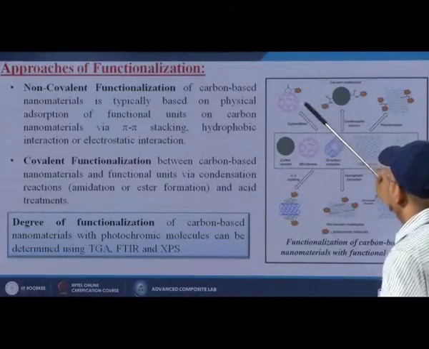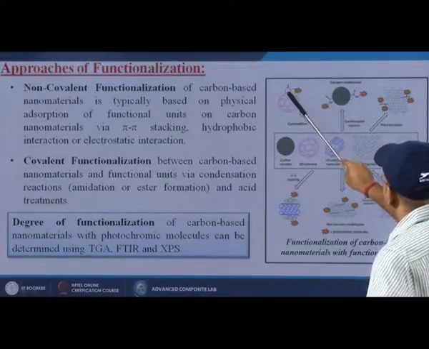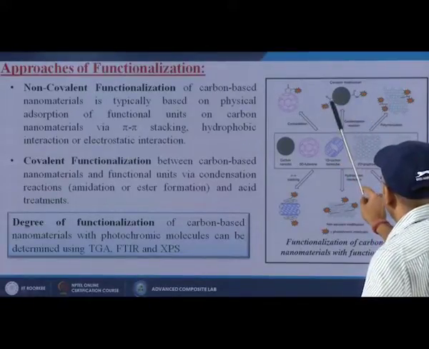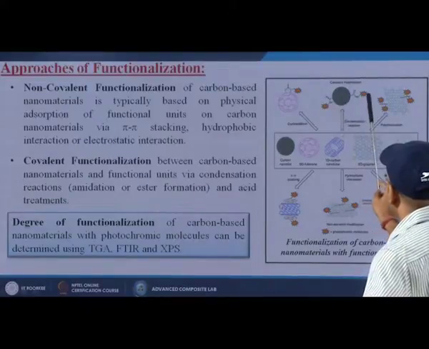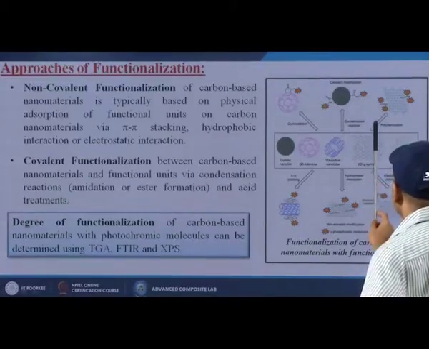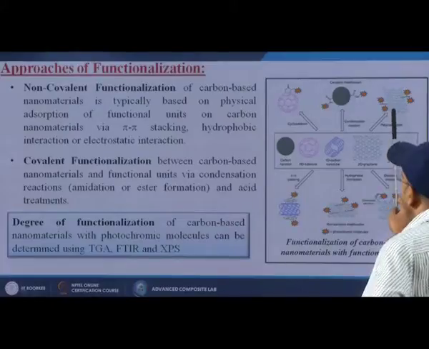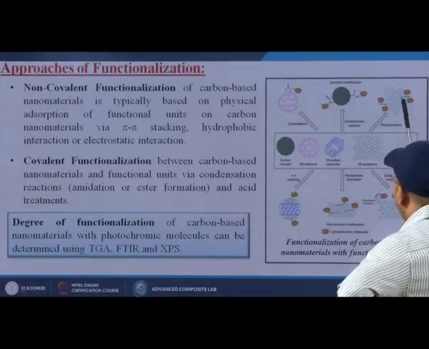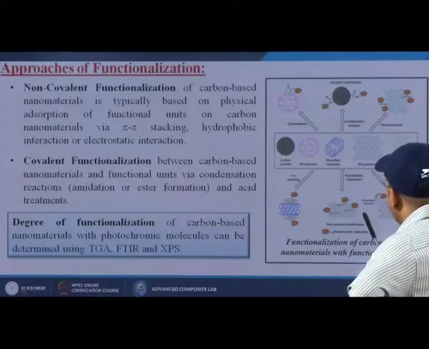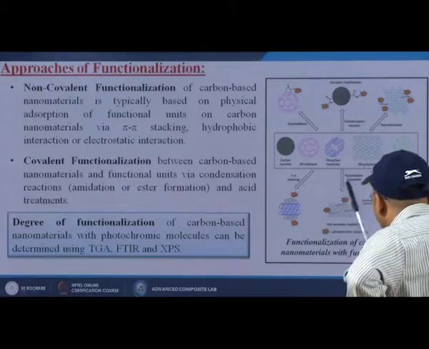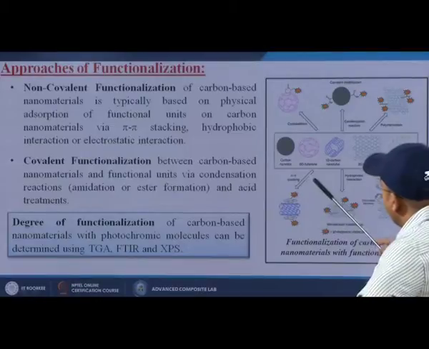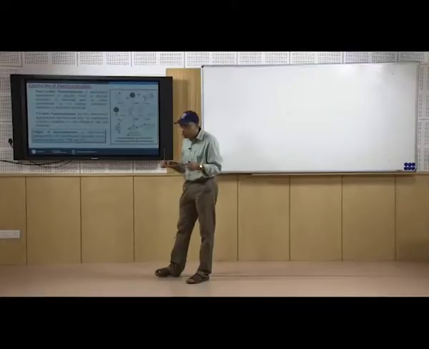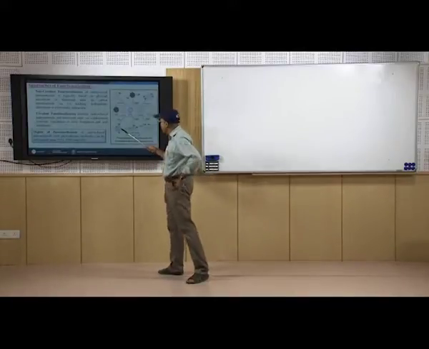Then by cycloadditions we can do the modifications, which is known as covalent modification, and by condensation reactions we can also attach some kinds of groups, mainly amine groups, onto the surface. Then we can do some kind of polymerization onto the graphene sheets or graphene flakes, and not only that, below is the non-covalent modification, where we are doing some kind of pi stacking or pi interactions between the functionalized groups and your carbon nanotubes.